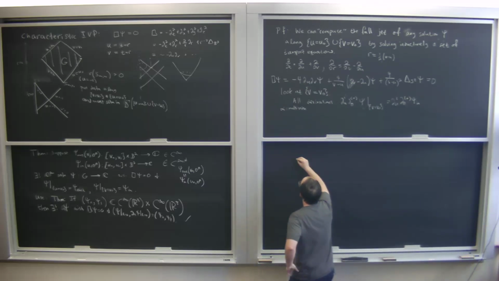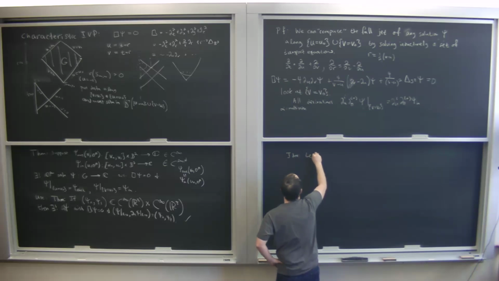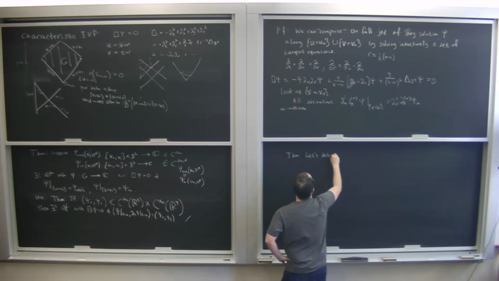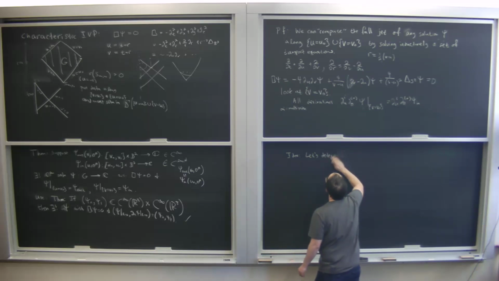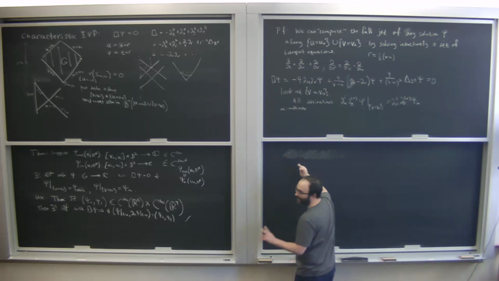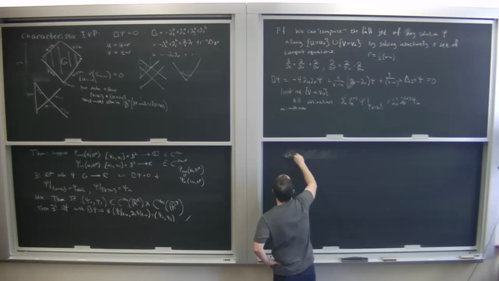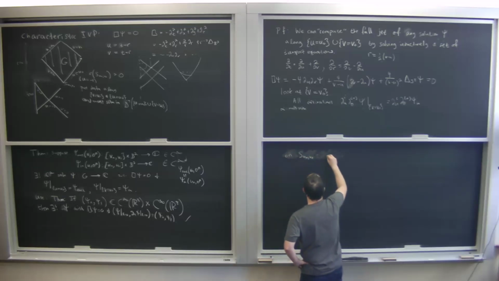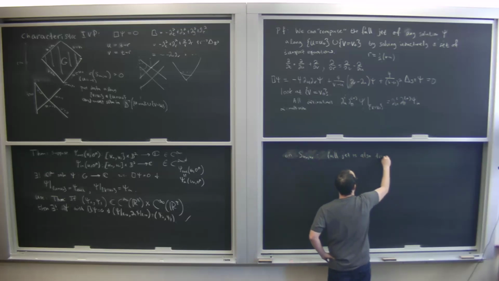And the point is, so what's the idea? All right, so the idea is the following. Well, actually, there's one more preliminary step. Next thing we observe, on S here, the full jet is also trivially determined.